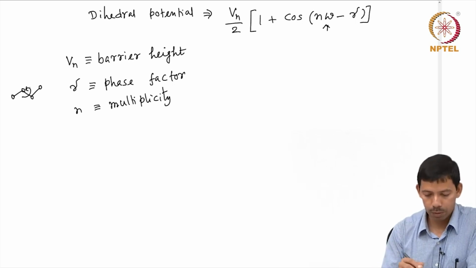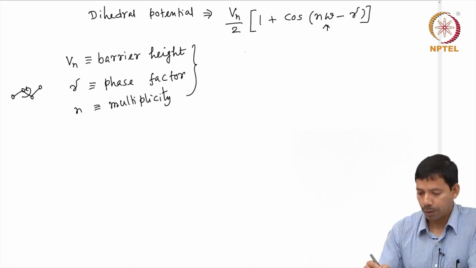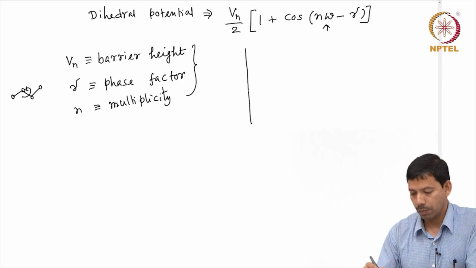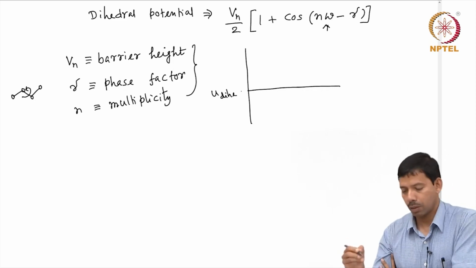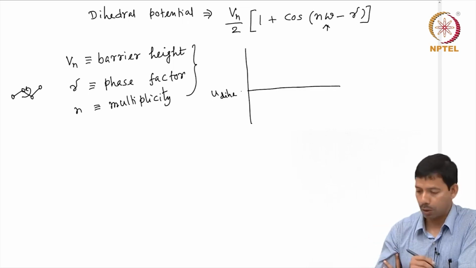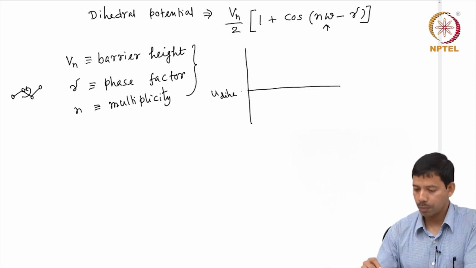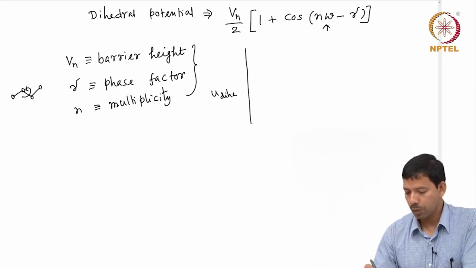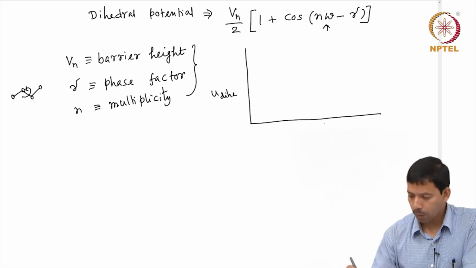So the definition of these three terms will be clear to you if I draw the U dihedral for, let's say, a single carbon-carbon bond.